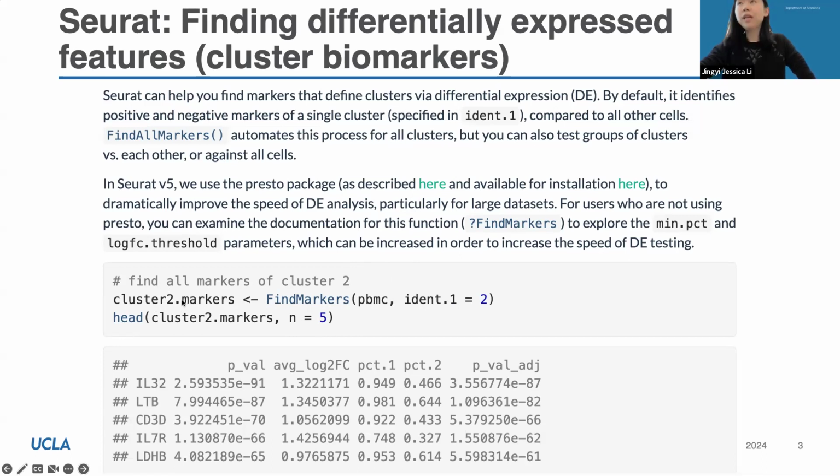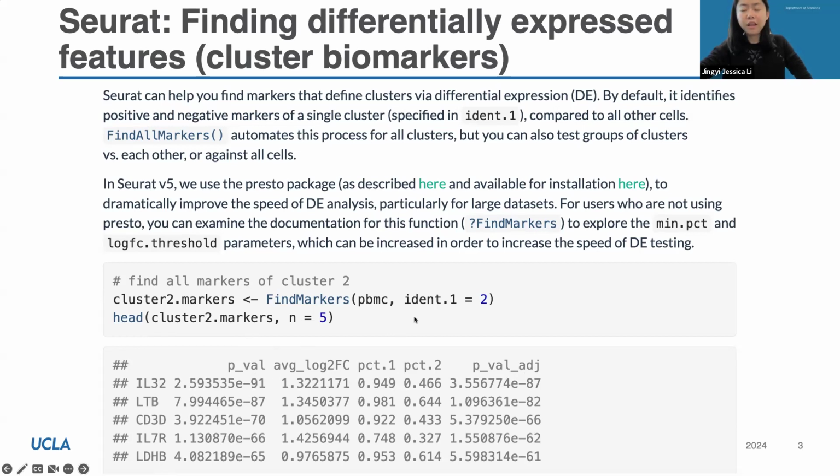And the output is a data frame in R, which looks like this. So using the head function, you are saying, oh, I just need the top 5 markers output. So here they are listed. And what's given here are the p-values, average log2 fold change, pct.1, pct.2, and adjusted p-value.